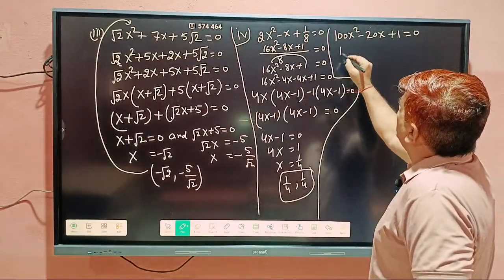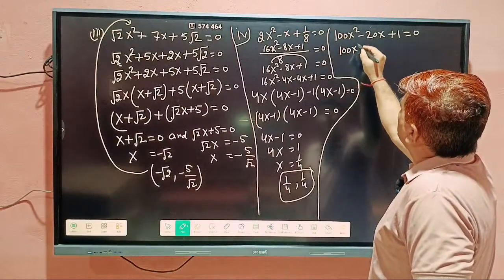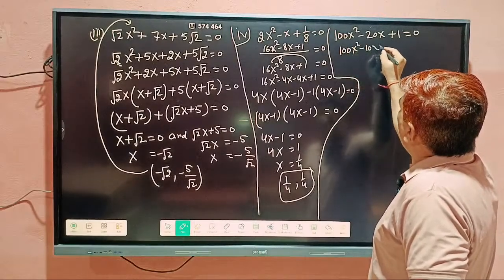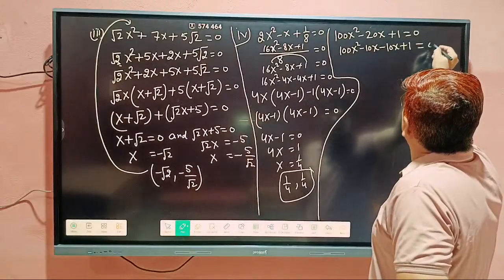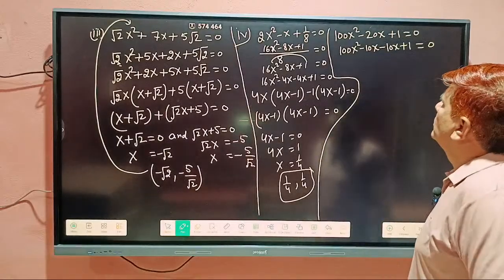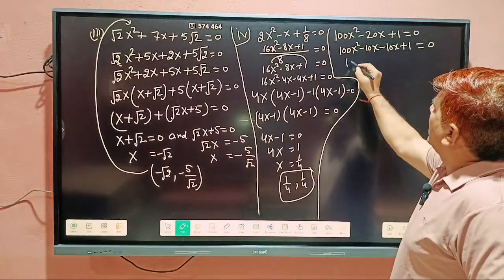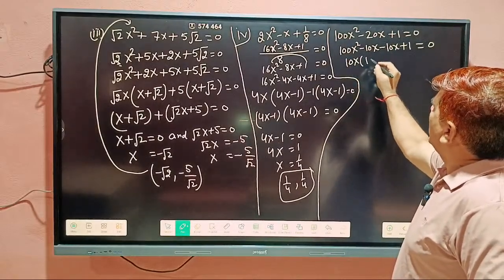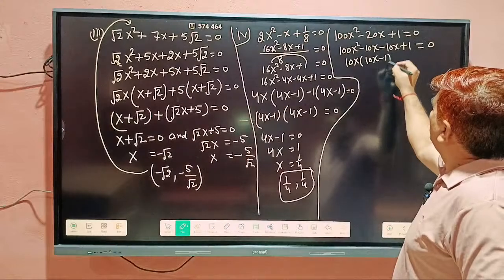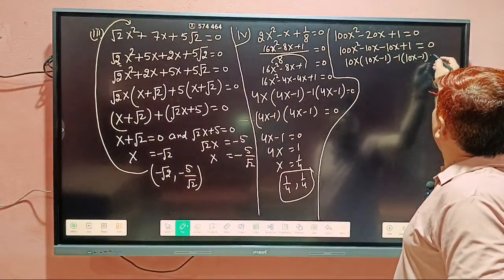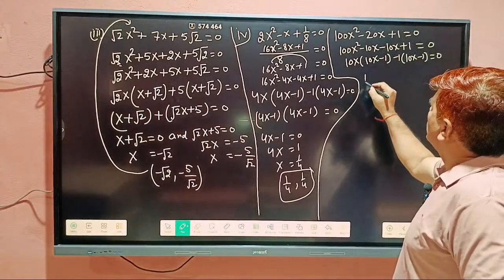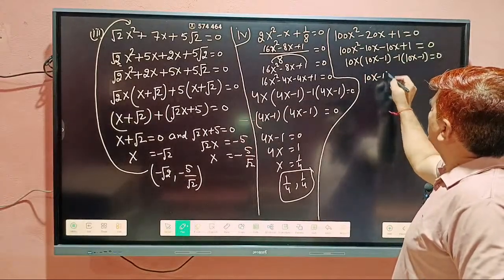This 100, look one time, x square minus 10x minus 10x plus 1 equal to 0. What's common? 10x is common. So 10x minus 1 taken common, 10x minus 1 equal to 0. 10x minus 1 is common.